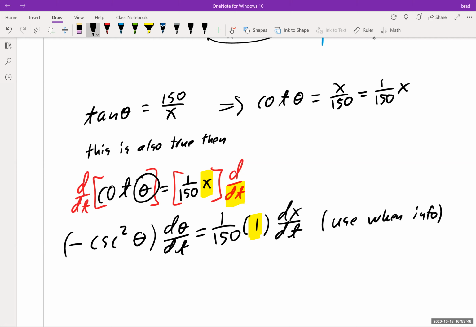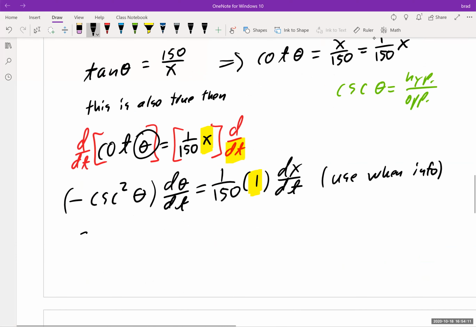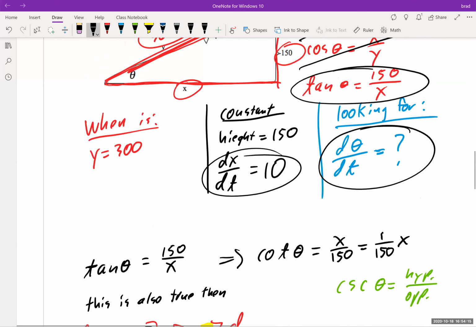Okay, so first of all, cosecant squared. Well, you guys all know that cosecant, let's do it over here on the side somewhere. Cosecant theta is hypotenuse over opposite, right? So I'm going to look at my hypotenuse, which is 300, over my opposite side, which is 150.